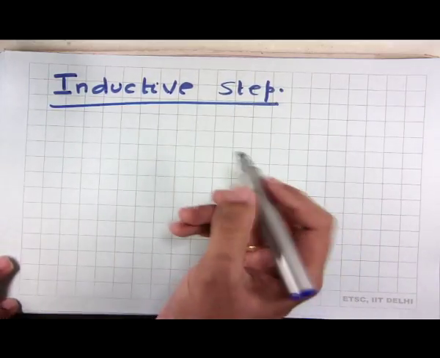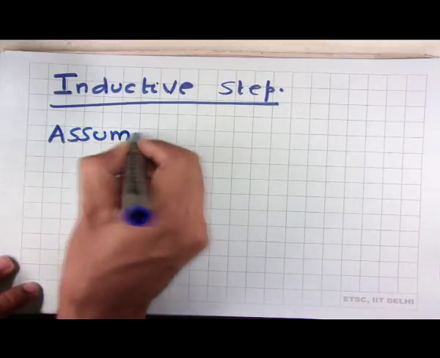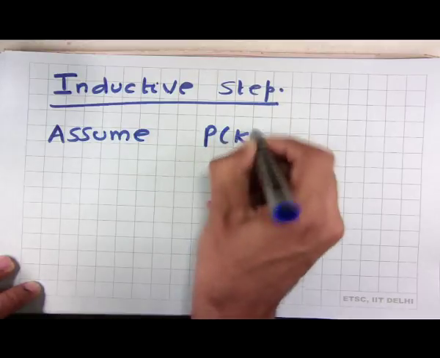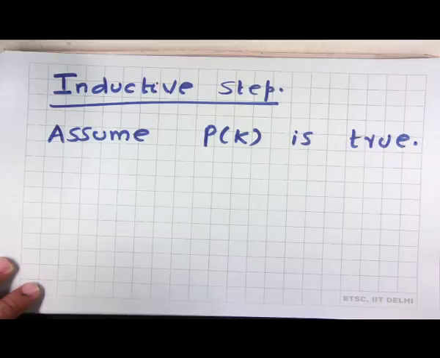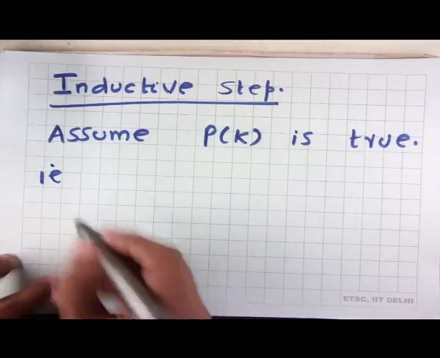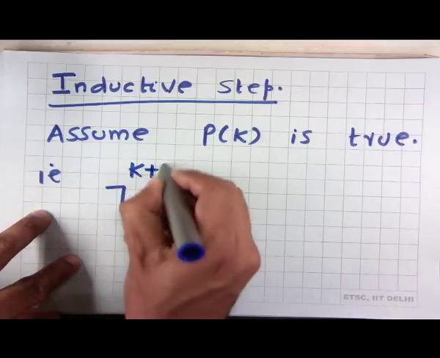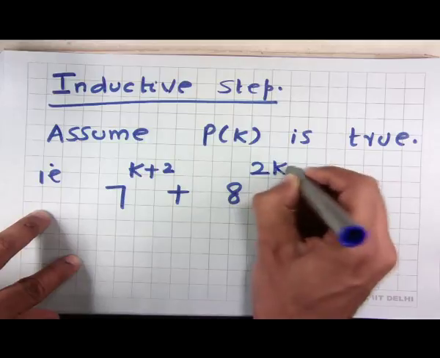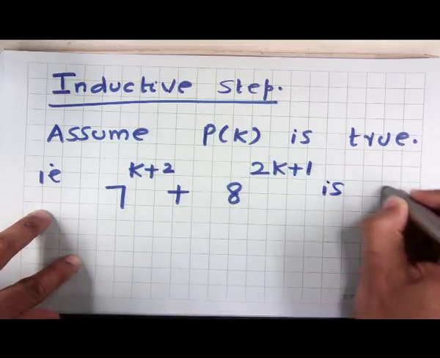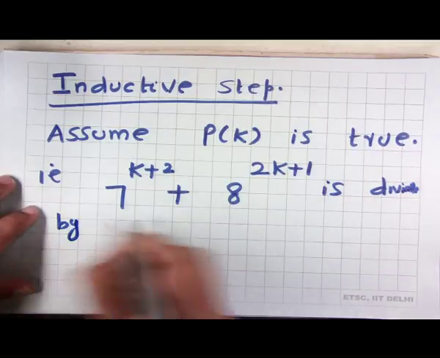The inductive hypothesis is that P of k is true. That is, 7 power k plus 2 plus 8 power 2k plus 1 is divisible by 57.